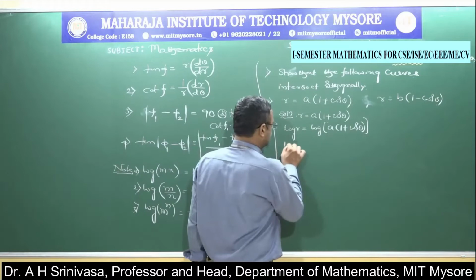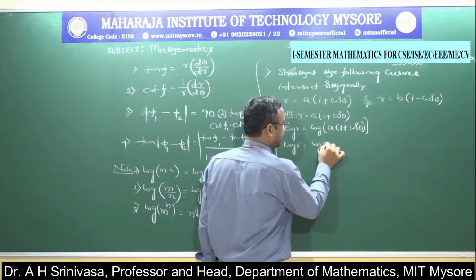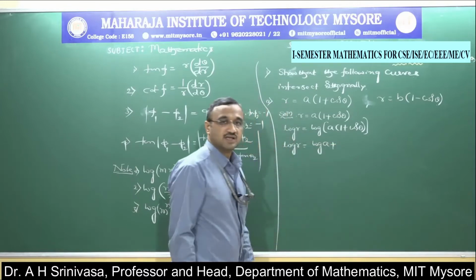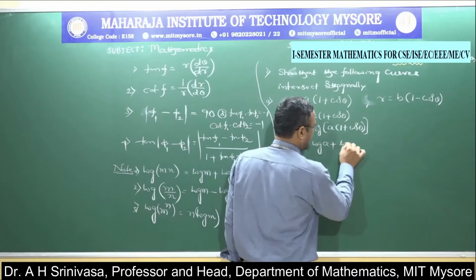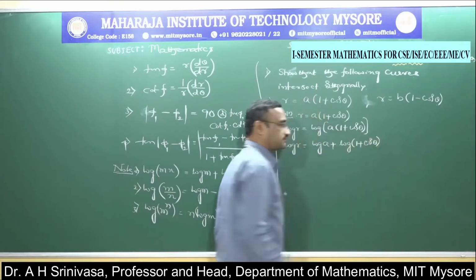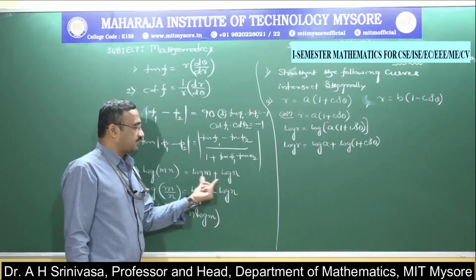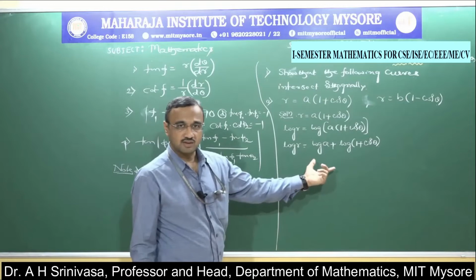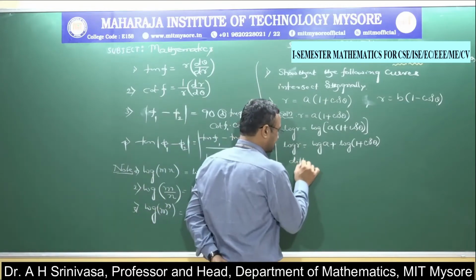So log r equals log a plus log of (1 plus cos theta). You see here, m into n reduces to m plus n. It's clear. Okay.